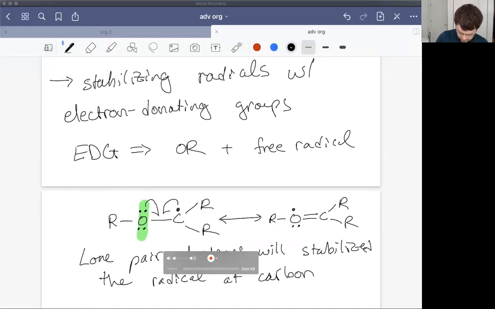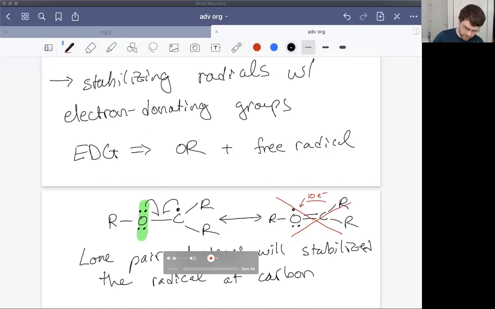However, we have to cross this out. I'll cross this out in red because the oxygen has 10 electrons. If it's sharing 2 electrons with carbon by way of a pi bond, 2 with carbon via a sigma bond, and then 2 from the R group, that's 6 electrons from the bonds, 3 electrons from the oxygen atom, and we've broken the octet rule on the oxygen atom.